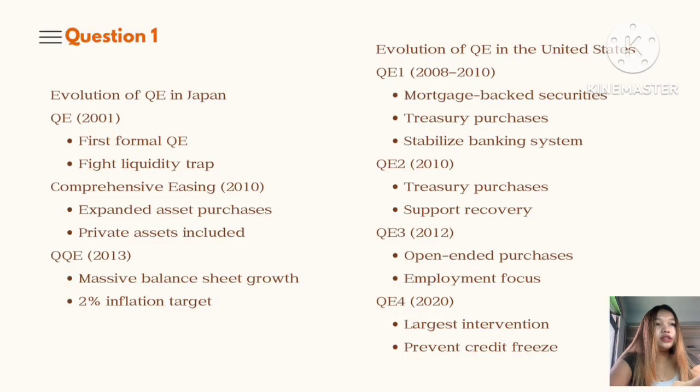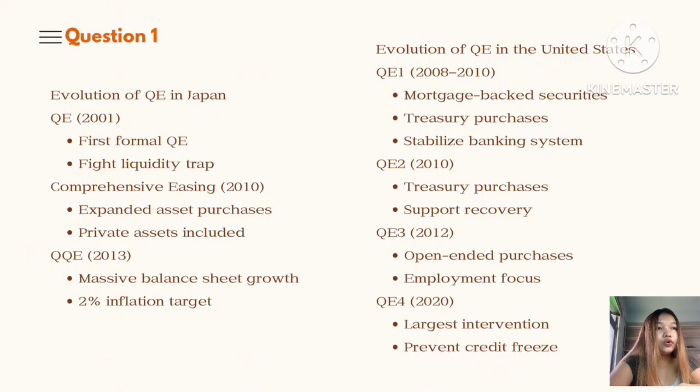The evolution of QE in the United States occurred in several phases. QE 1 mainly focused on stabilizing financial markets after the collapse of Lehman Brothers. The Federal Reserve purchased mortgage-backed securities and treasury bonds to restore confidence and support banking institutions. QE 2 shifted attention toward supporting economic recovery because unemployment remained high and inflation remained weak.